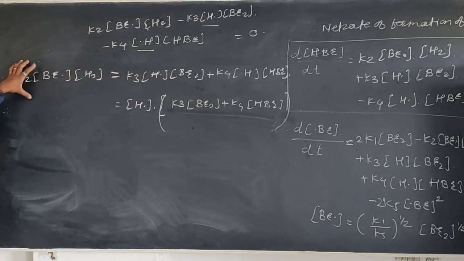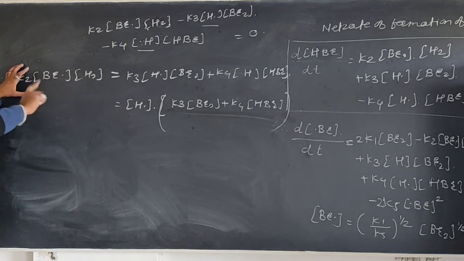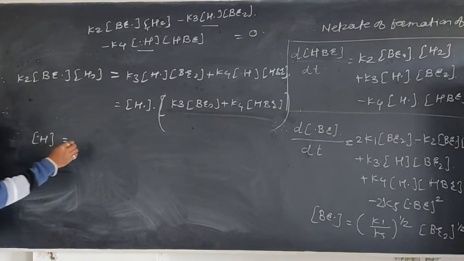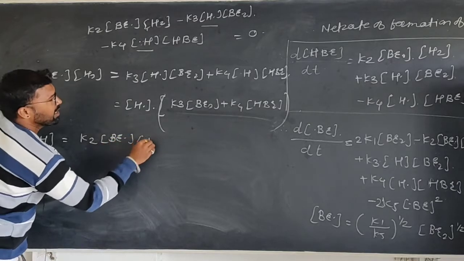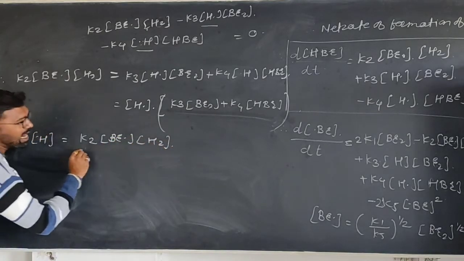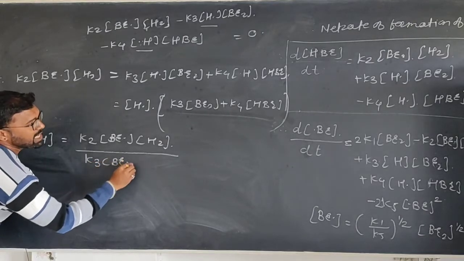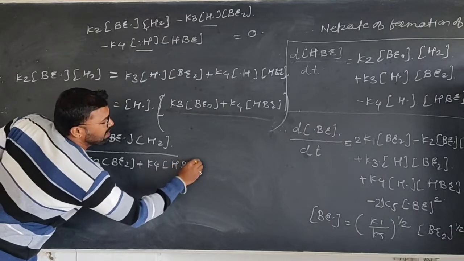To take this term from the right hand side to the left hand side, it comes in the denominator. Therefore, finally I got the concentration of hydrogen radical is equal to K2 into Br into H2, with the denominator K3 into Br2 plus K4 into HBr.